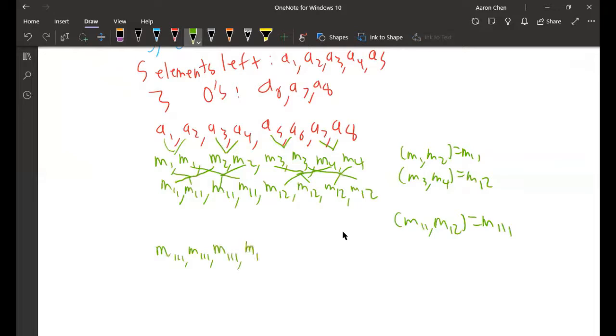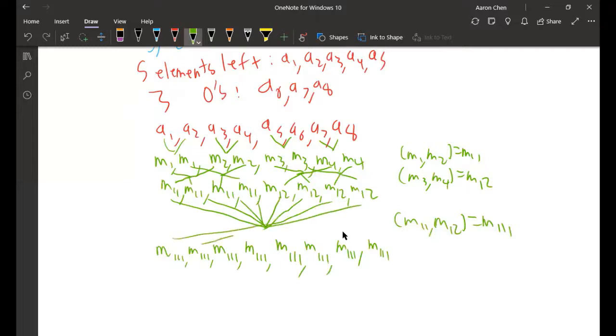And so this process just sends these together and they pair off into these 8 numbers.